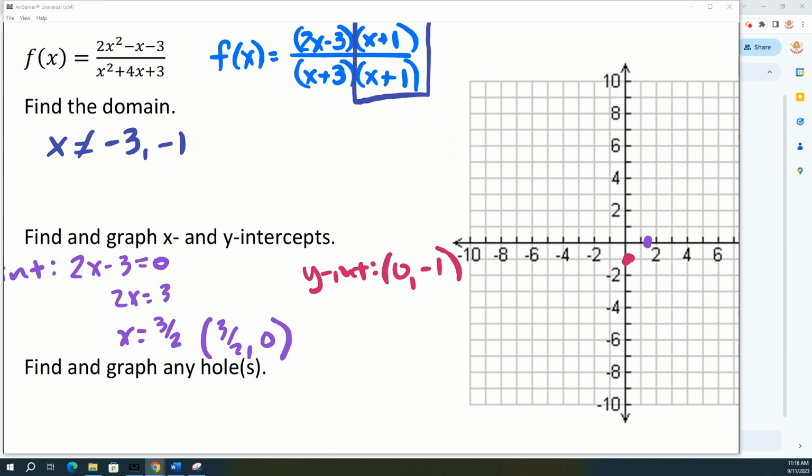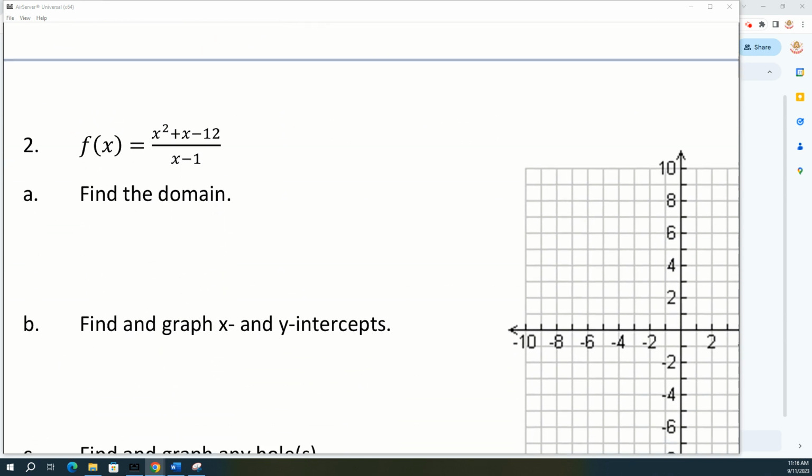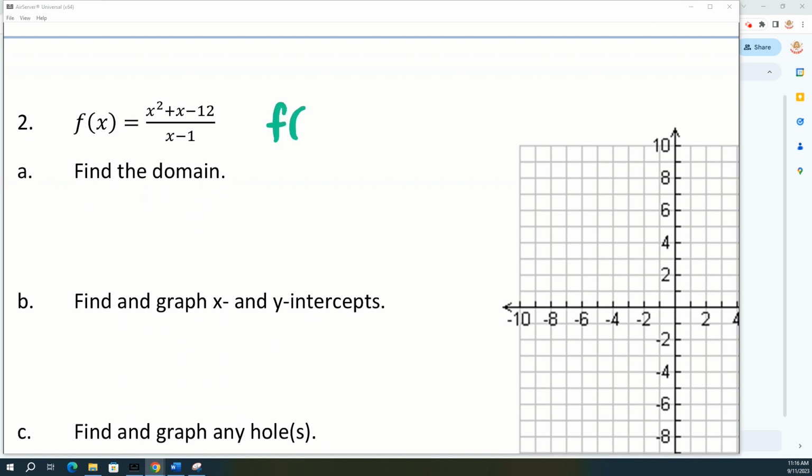All right, one more. We can finish it real fast. The denominator doesn't even factor on the back. And then the numerator is just going to be x plus 4 times x minus 3. What can x not equal? 1.